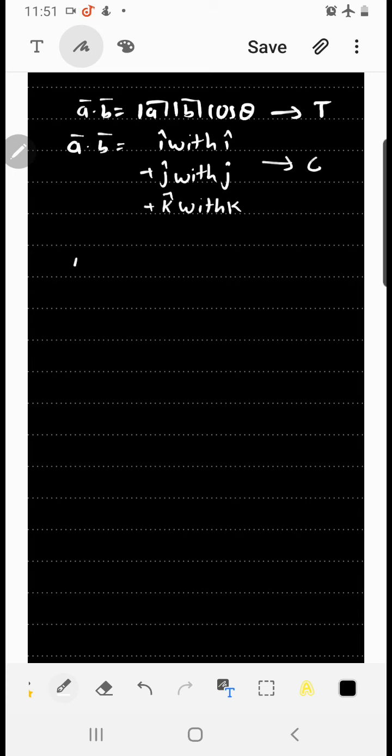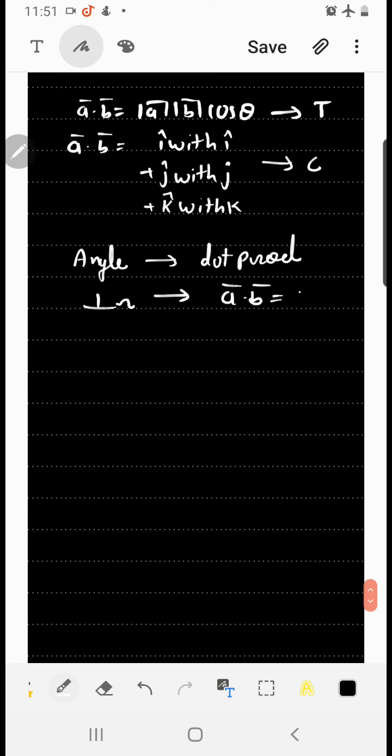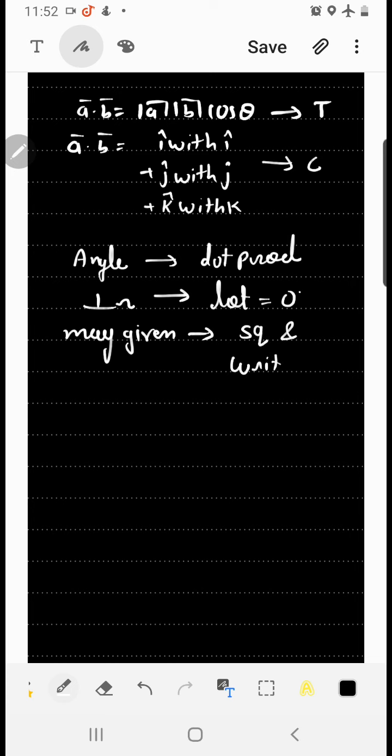Next, if the question says find angle, then think of dot product only. If the question says perpendicular, then you say dot product is 0. Don't use a bar b bar, you had better say dot is 0. If the magnitude of a vector is given, what will we do? Square it and write it as vector dot vector.